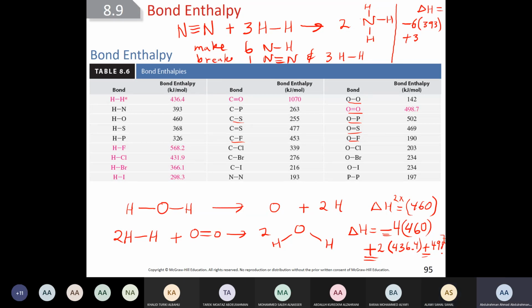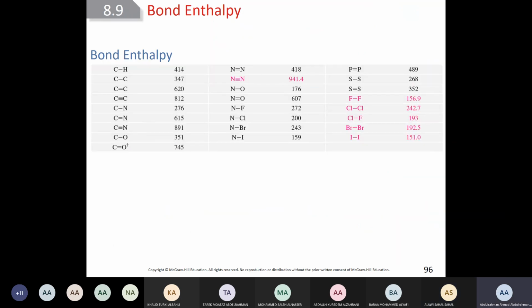Oh, no, that's wrong. For the nitrogen, what is the nitrogen? Do we see the nitrogen? There is no nitrogen triple bond here in the schedule. It's available in the other table. Let's go to the other table. Where is the N≡N triple bond? Yes, 941.4.